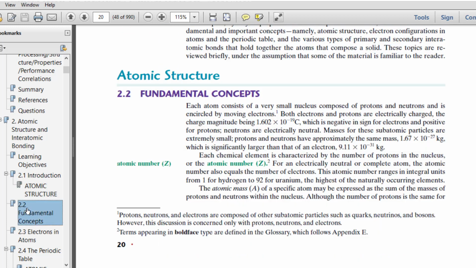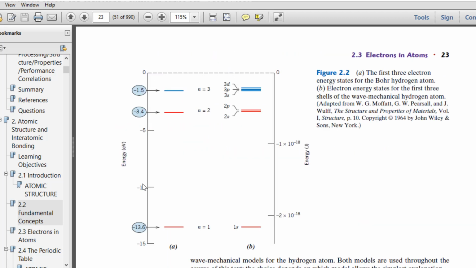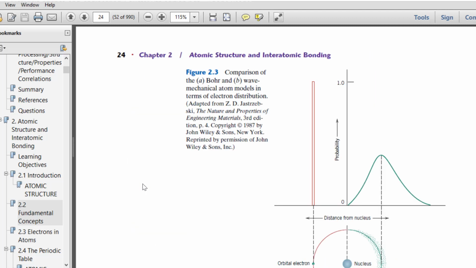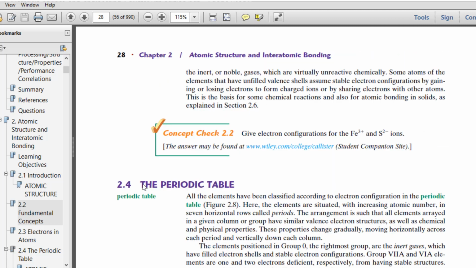Okay, in section 2.1, 2.2 fundamental concepts, some are there, like what is atomic number, atomic mass, what are electrons, what are the different bands. So these bands are not so important in terms of GATE, but it is important to understand the basic things, the interaction between electrons and atoms.